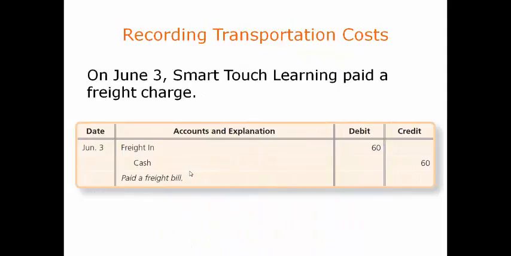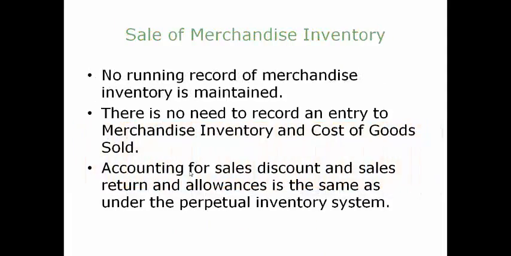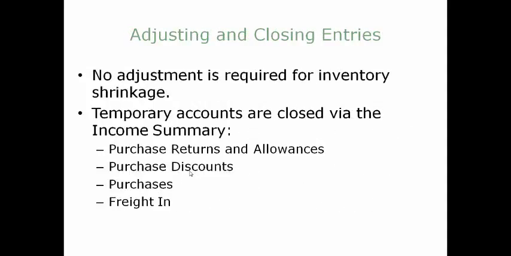And then we also have freight in, which is also an income statement account. In a periodic inventory system, we don't keep a running tab of what our inventory is, and we won't record cost of goods sold until the end. And sales discounts, returns, and allowances are the same. And these are the accounts that we're going to close on the income summary for a periodic inventory system.